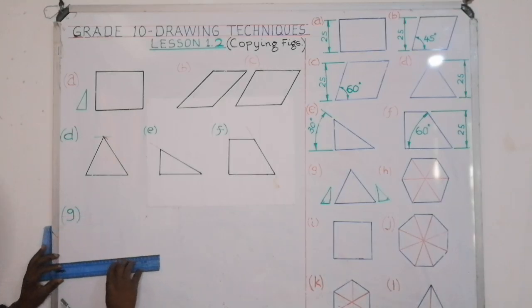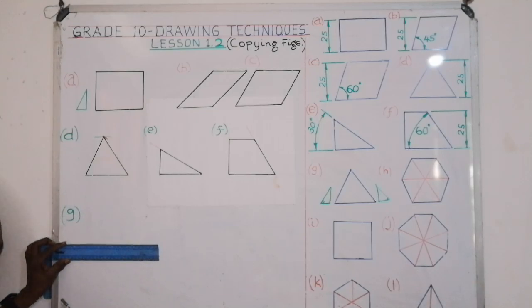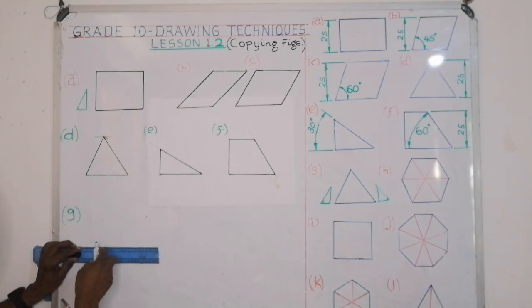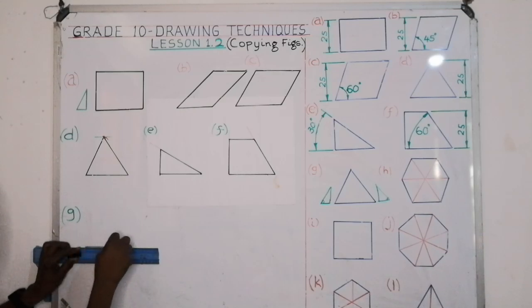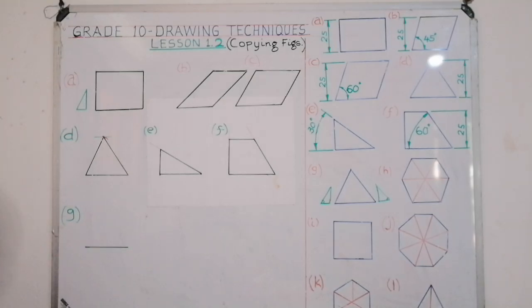So that, let me measure exactly. Right. So that is my given side or given base of the equilateral triangle.